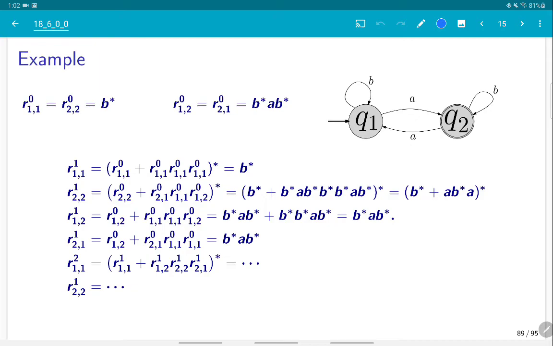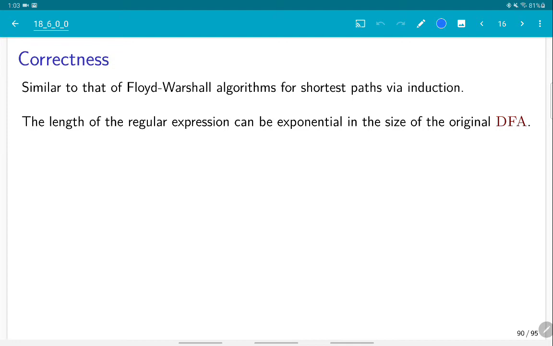You know, it's a very mechanical algorithm, but as you would quickly realize, it's an exponential time algorithm because the regular expression can be exponentially large in the size of the automaton, and the correctness, of course, just follows from following the argument of Floyd-Warshall.